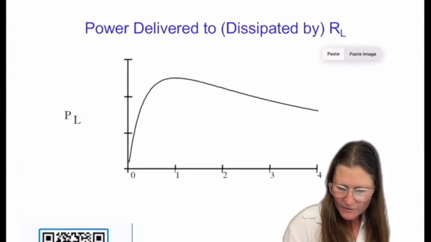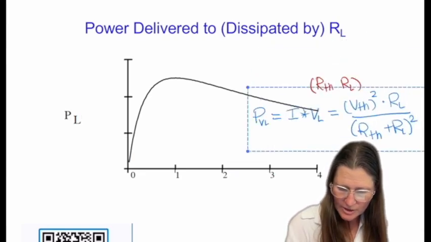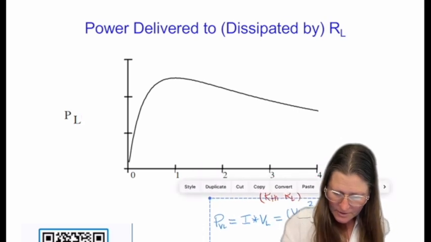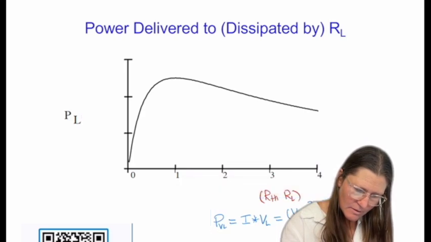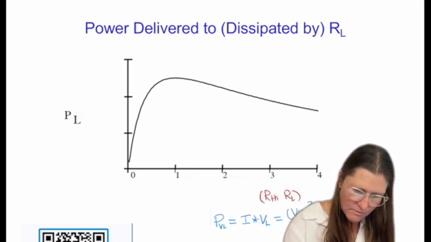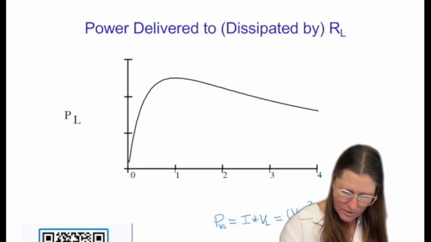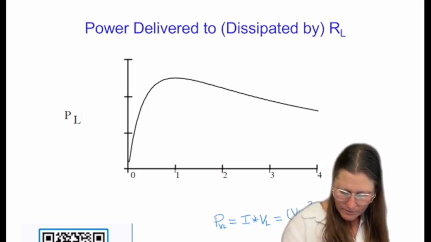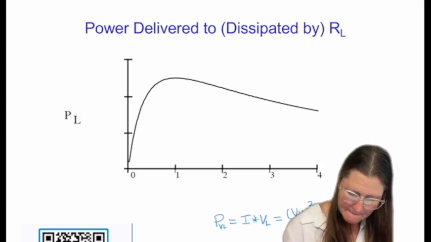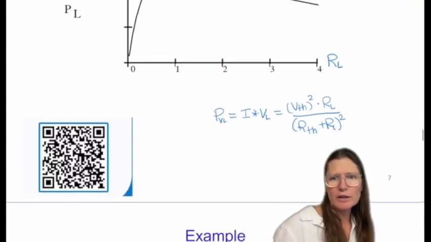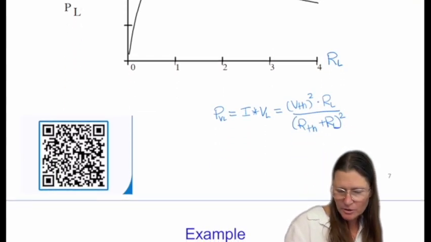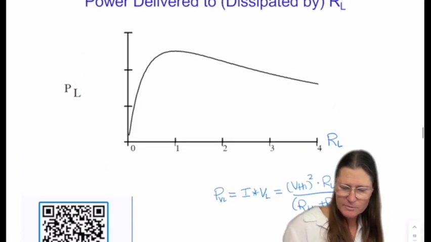If I was to graph this, it actually looks like this. This is a graph of RL. As RL increases, it becomes this form.